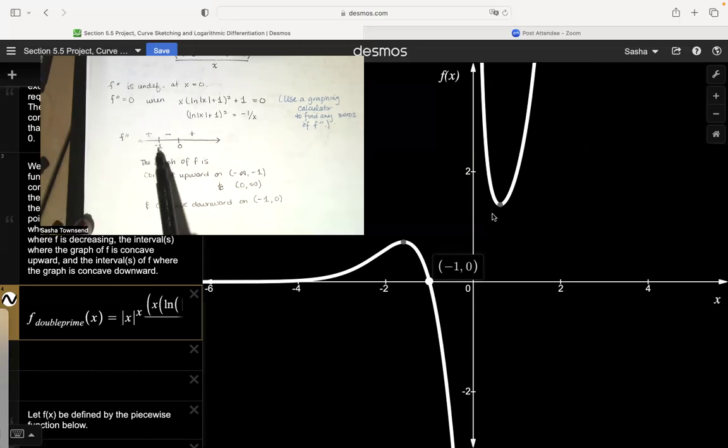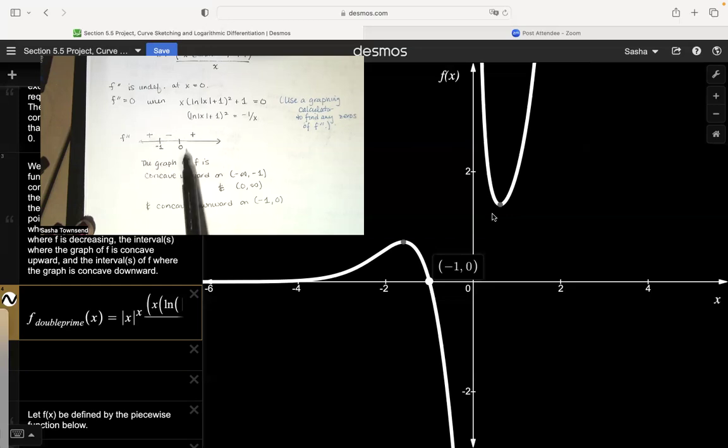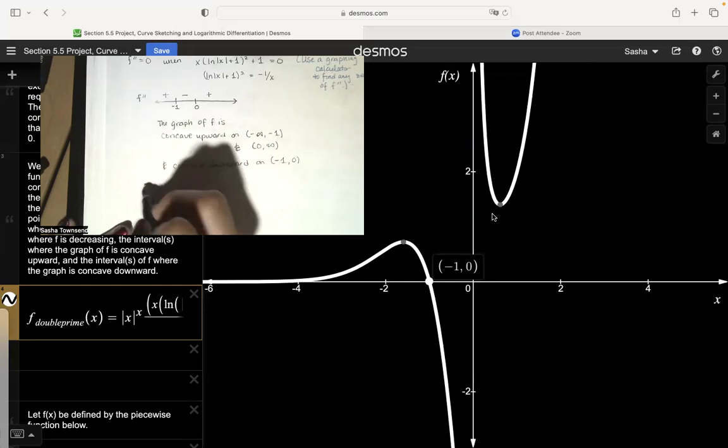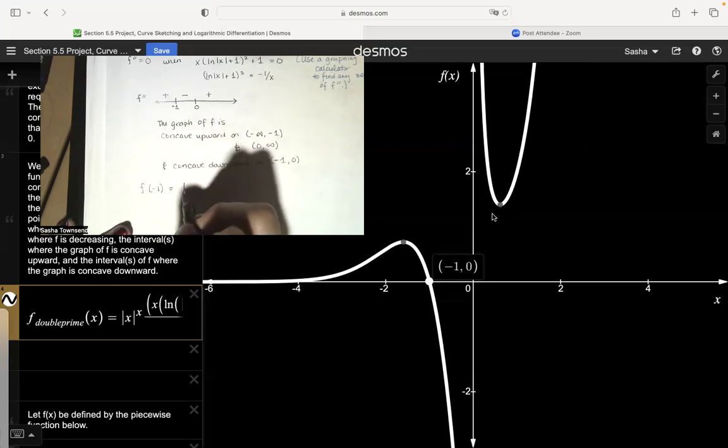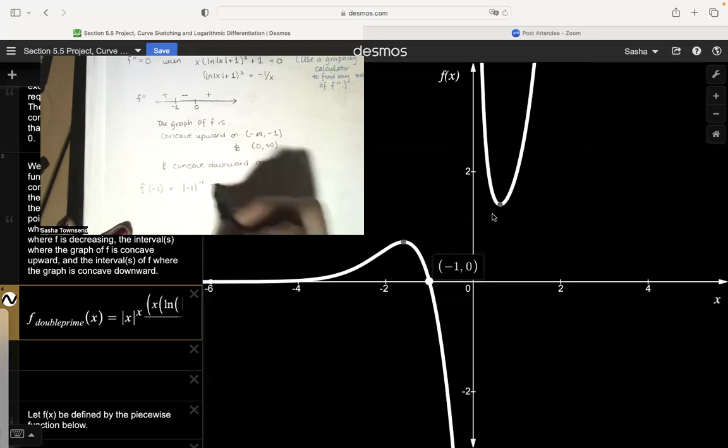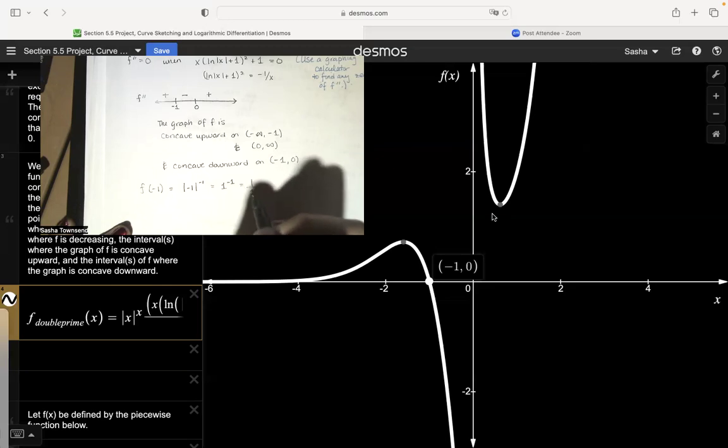So if we want to find the points of inflection now, we would just evaluate f at -1 and evaluate f at 0. Well, f at -1 was the absolute value of -1 raised to the -1. So that's 1 to the -1, which is 1 divided by 1 to the first, which is 1.